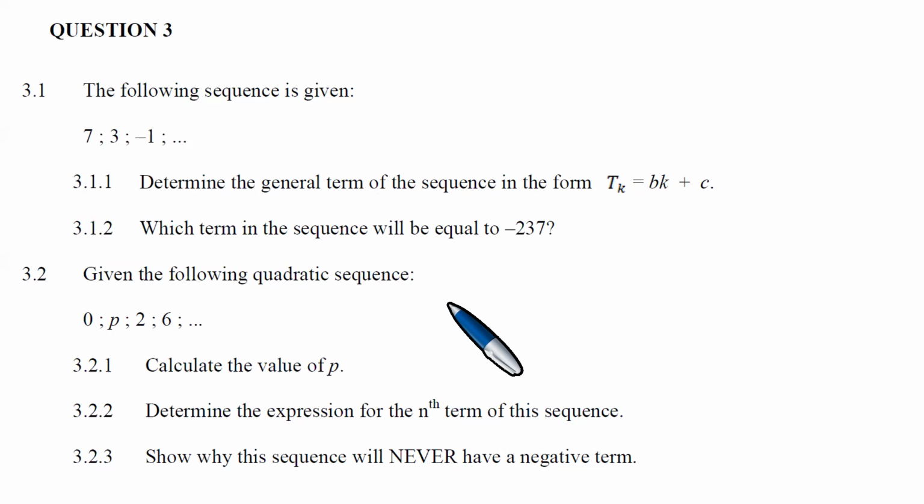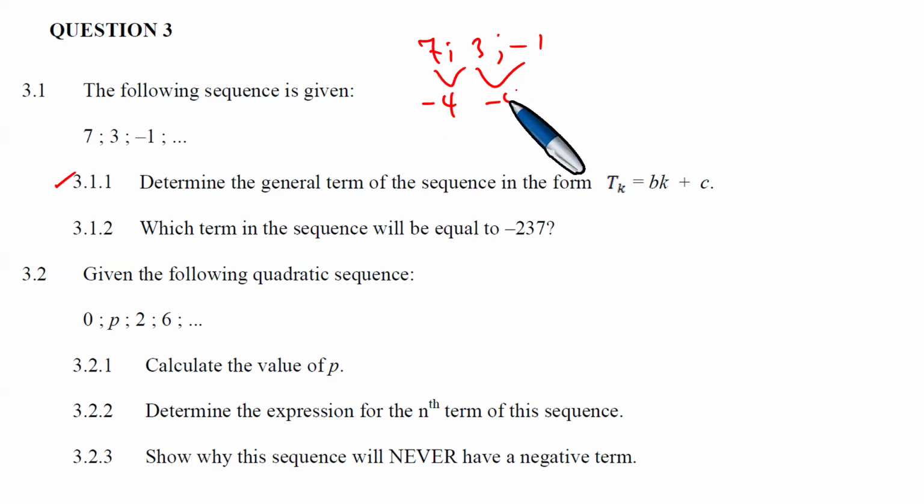We first figure out the first difference, sir. We must first find out whether it's geometric, arithmetic, or quadratic. Is it arithmetic, geometric, or quadratic? If you say 3 minus 7, you get minus 4, and then minus 4 again, so it's linear, sir.